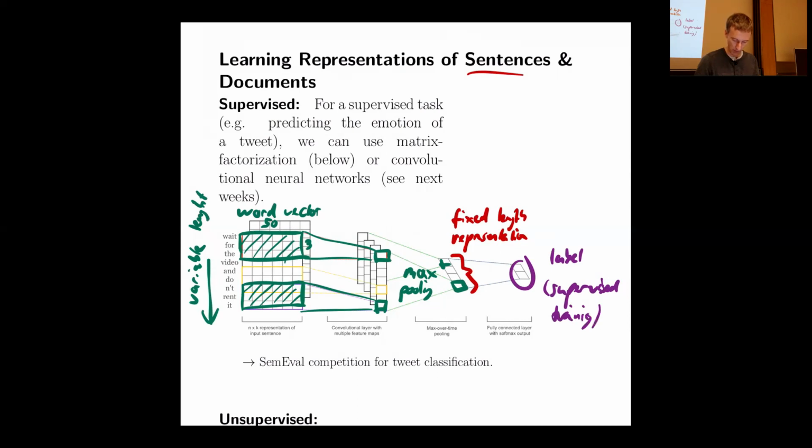So for example, in the project, if you want to do this, there's data on smileys. Some text comes with a positive smiley, some text comes with a negative smiley. It's already there. Can you use that as a training signal? And that's also an option. And the data set we give you, if you want to use this as a project, are texts which had smileys, positive ones and negative ones. This you could also use as a training signal to train a network. And one kind of natural network to train is a convolutional net, if you want.